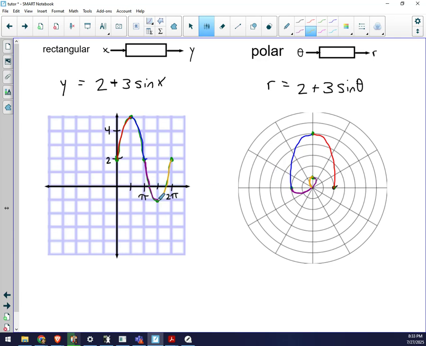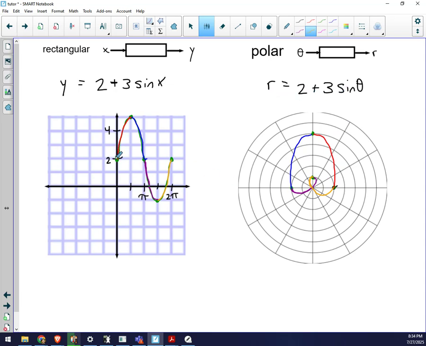And so 3 pi halves to here gets us back to r equals 0, and then r increases from 0 to 2 again, like that. And that's where we get the shape that we get from this polar function.